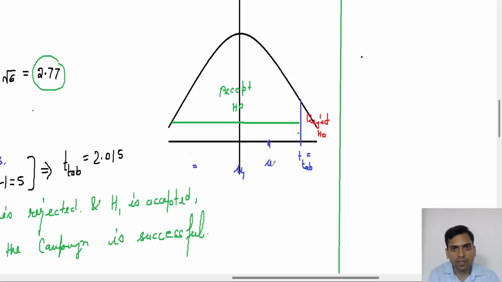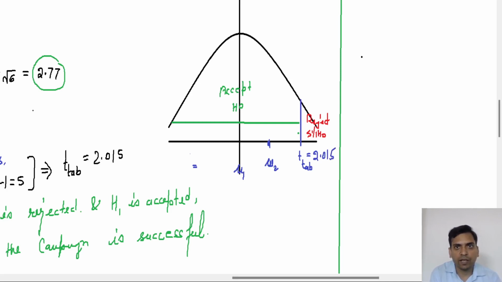After advertisement, sales lie in this region if they have increased. So this 5% region we will consider only in the right hand tail area. So this is the right hand tail area and this is the 5% area, and at the 5% area the t tabulated value is 2.015.